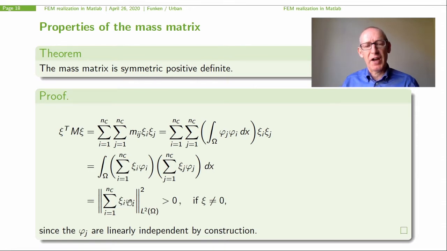So this is a function in x and y, and this function should be 0. But due to the fact that our functions phi j are linearly independent by construction, we know that this has to be larger than 0, under the assumption that our vector itself is not the trivial 0 vector.